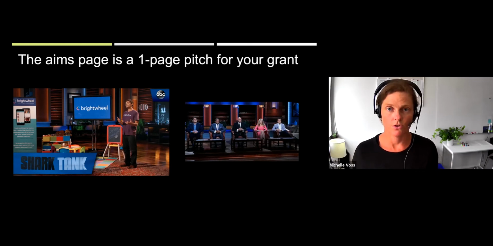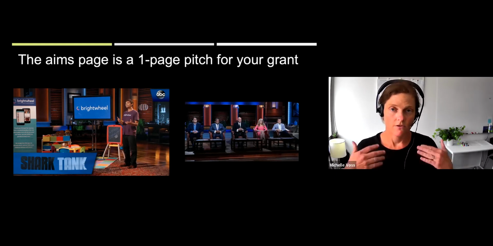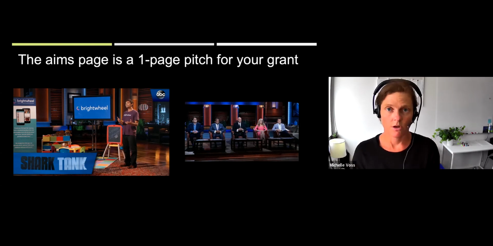So the reason I have this on here is that you have to think a little bit about that in terms of how you're thinking about your aims page, because grants are competitive. Many people are applying and not everyone gets them. So you're competing for attention among reviewers to say, for a given problem, there's a need. Here's research that would help address that need. I'm an expert in this area.